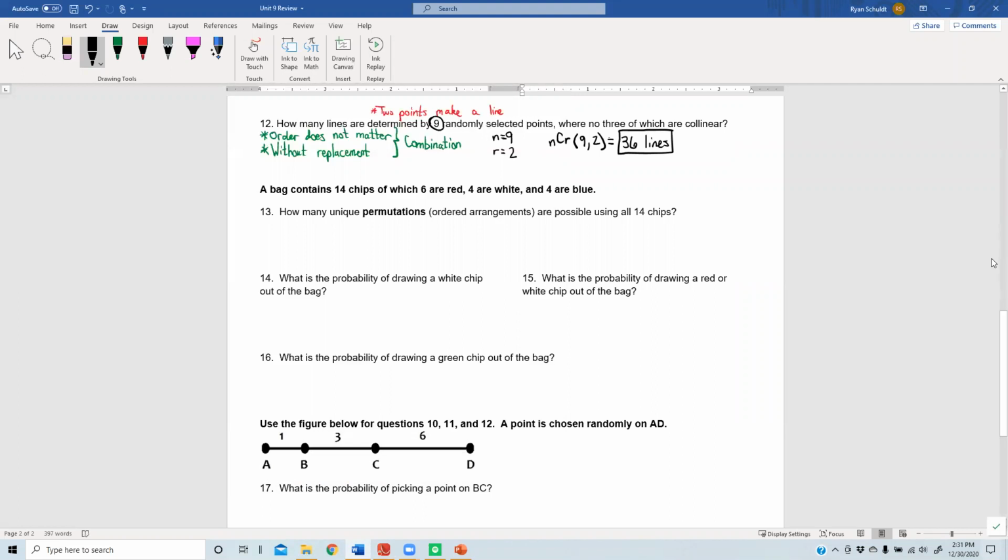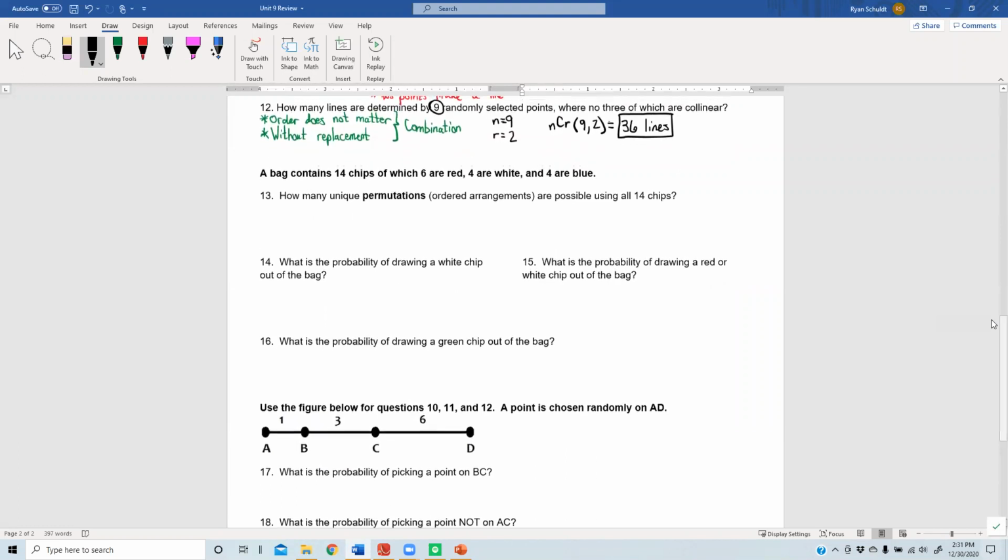Okay, there's 12. So for 13, 14, 15, and 16, we need to use this information that they give us about this bag of chips. So first I ask how many unique permutations are possible using all 14 chips.